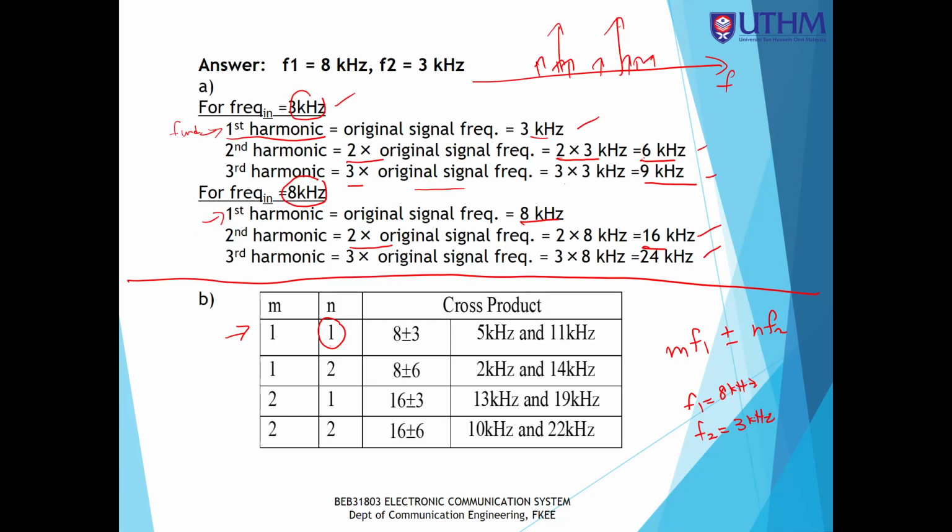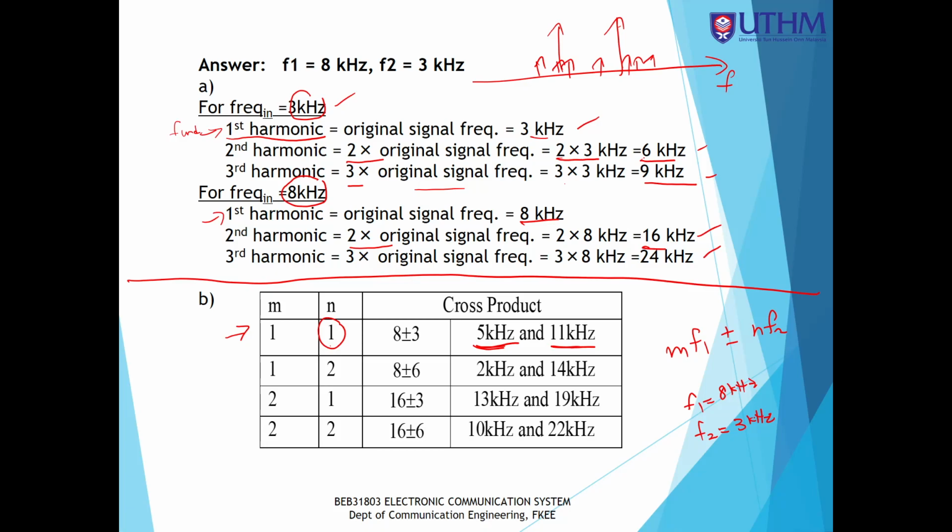Therefore it is 8 plus minus 3, so we get 5 kilohertz for the V difference and 11 kilohertz for the V sum. Tambah hasil tambah and hasil tolak. So 8 minus 3 you get 5, 8 plus 3 you get 11.